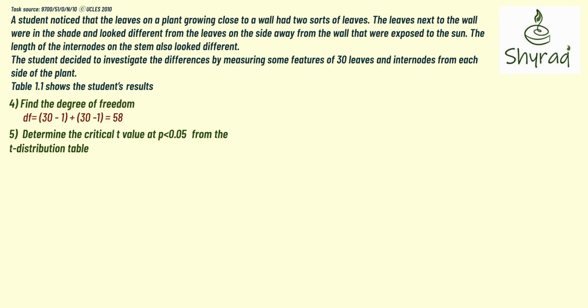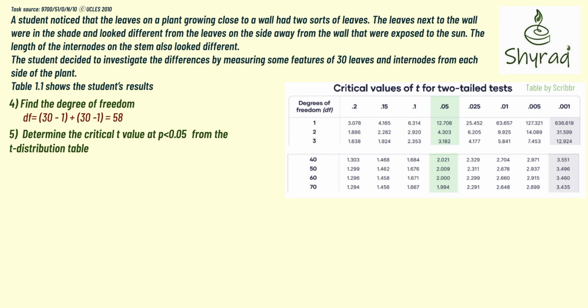Determine the critical t-value at the 0.05 probability level from the t-distribution table. As usual, when you carry out the test and need to find critical values, you are provided with a t-distribution table.